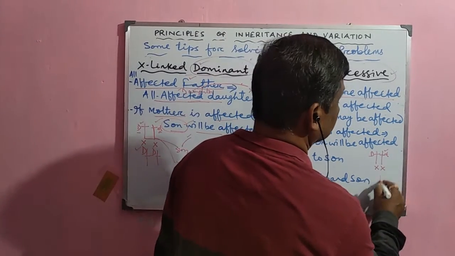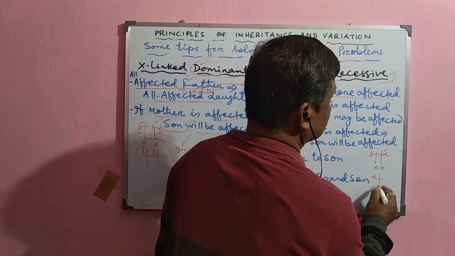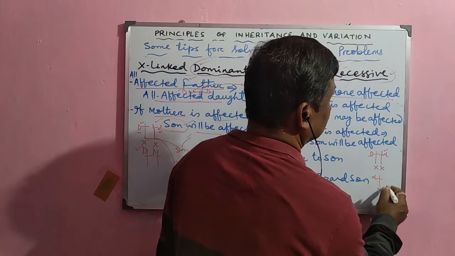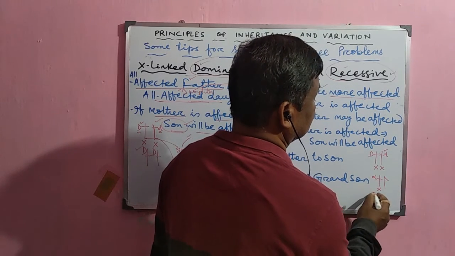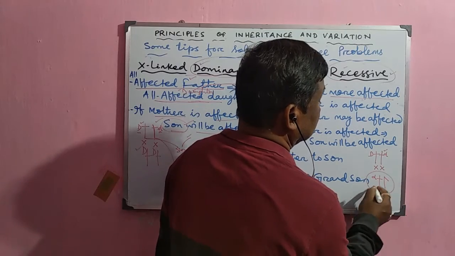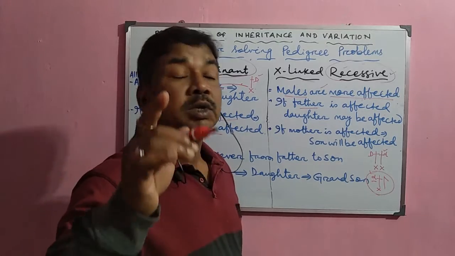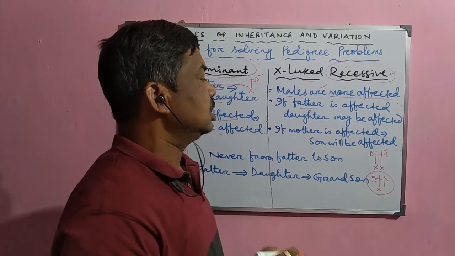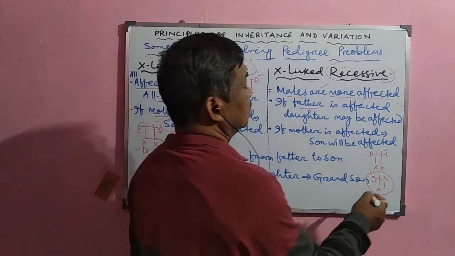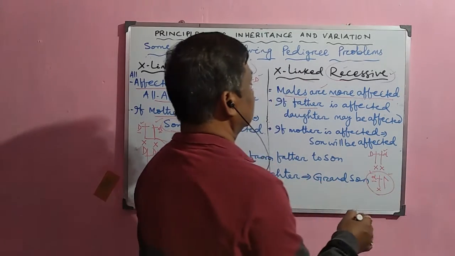But in males, suppose this is the recessive gene in the X chromosome and the other is the Y chromosome, that is the hemizygous condition. So even a single recessive gene will be expressed in males. That is why there is more chance of expression of this gene in males.